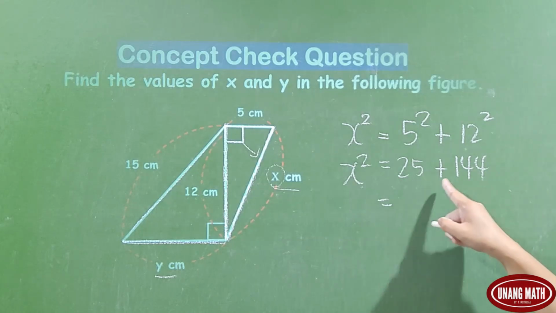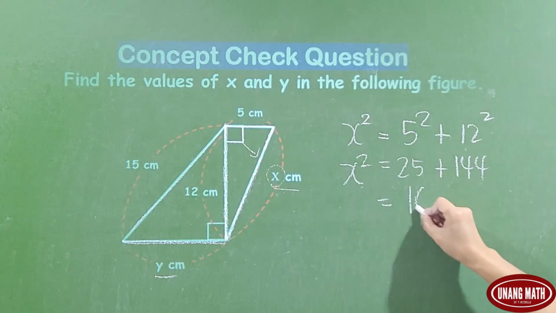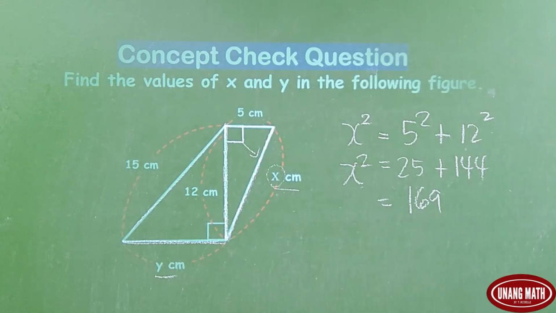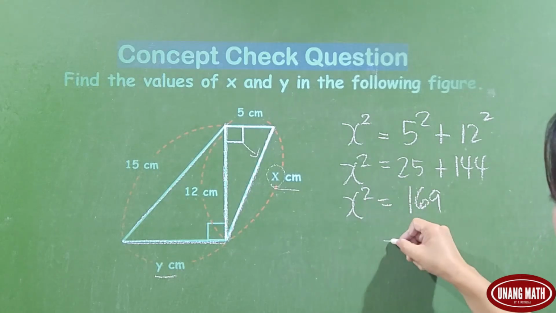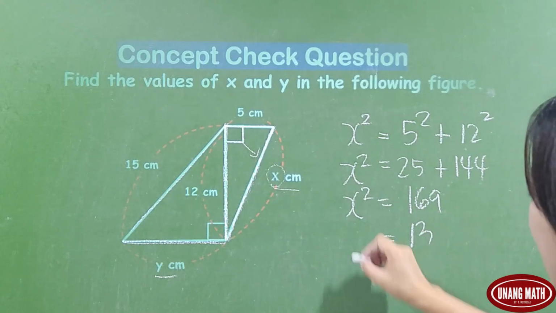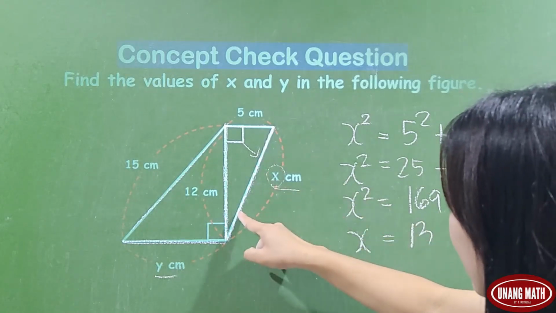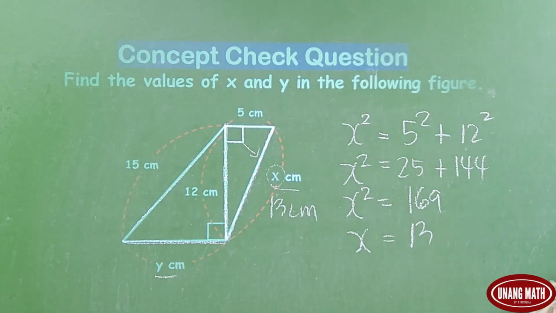So 25 plus 144 is equal to 169. So x squared is equal to 169. The square root of 169 is 13. So this side is 13 centimeters.